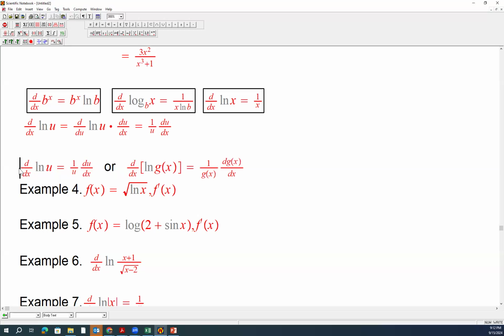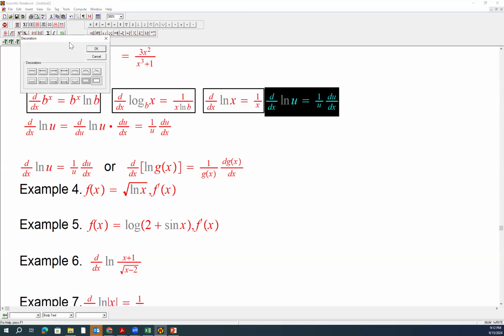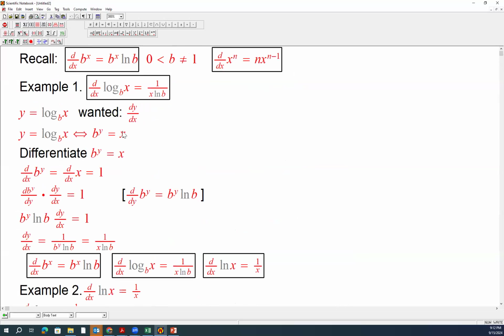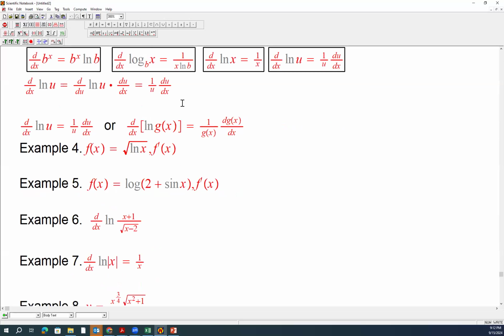I meant to put this formula next to it, but you don't really need that formula. The only thing you really need to know is this one, or you can derive everything by yourself. If you know this piece, you can derive everything by yourself. So please do the deriving. This formula is basically assuming u is g of x. So we get the same formula.